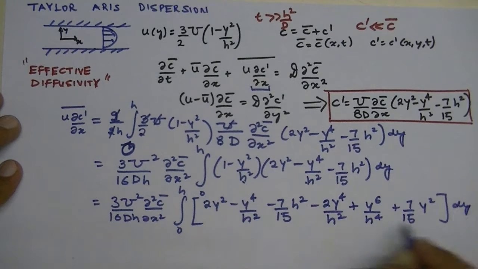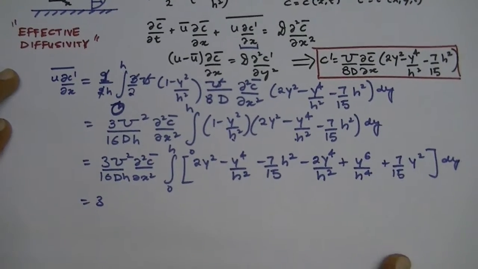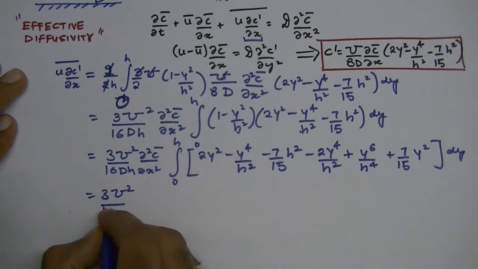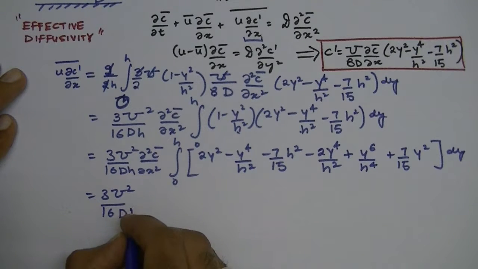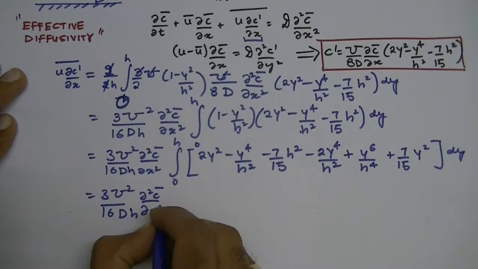Okay, so if we do this integral, we would get 3 u squared over 16 Dh del squared C bar by del x squared.